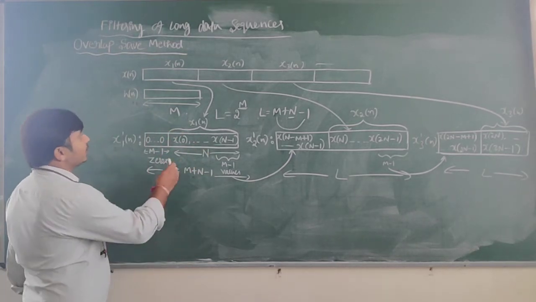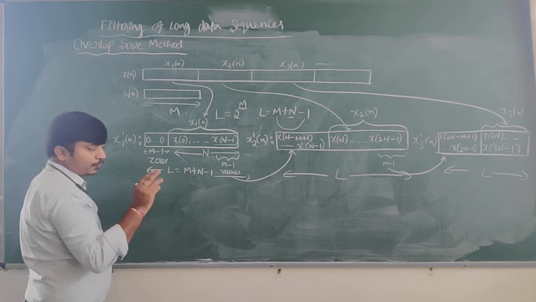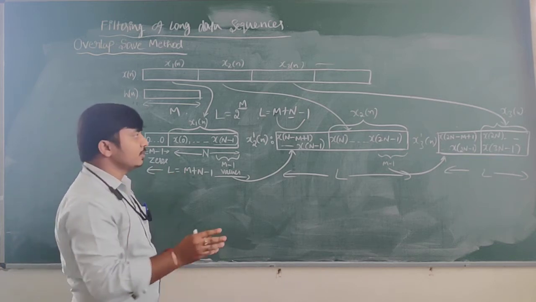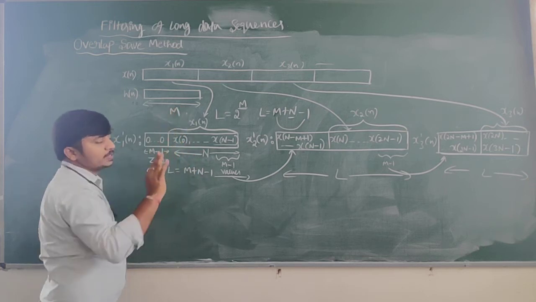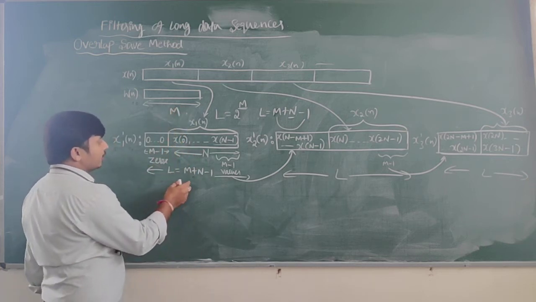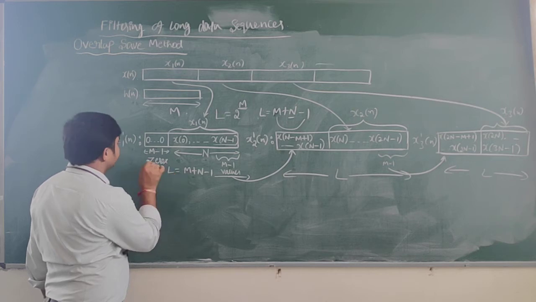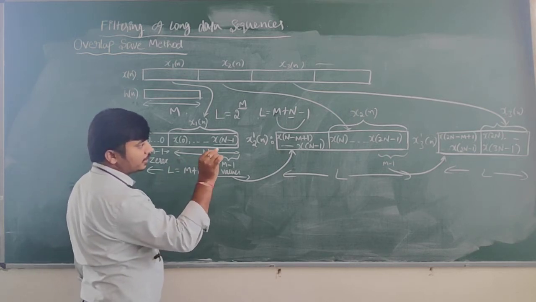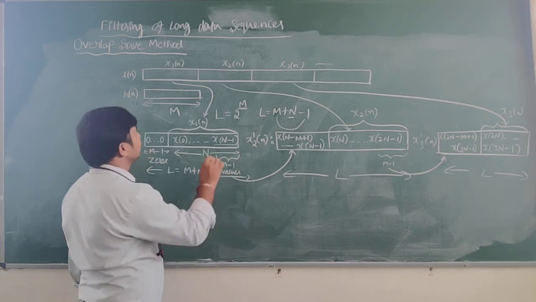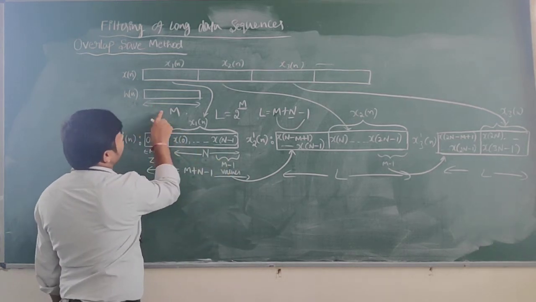To perform the convolution, what is the condition? The lengths of these blocks of x of n and h of n should be the same. But look at the lengths: x1 dash of n is L, x2 dash of n is L, and x3 dash of n is L, whereas the length of h of n is m.